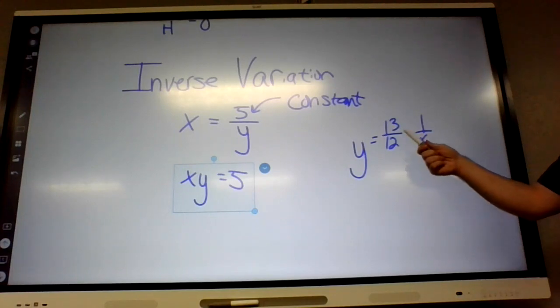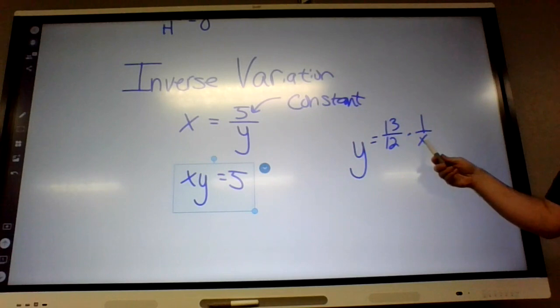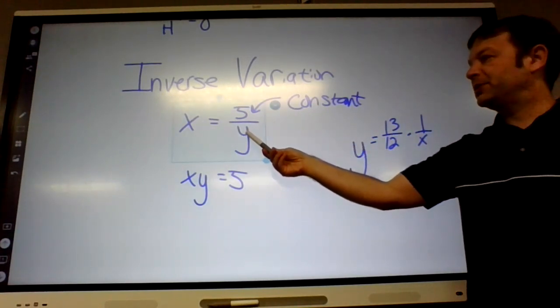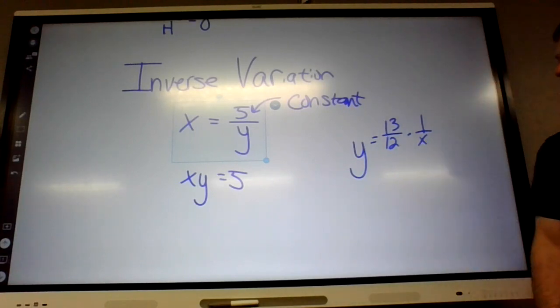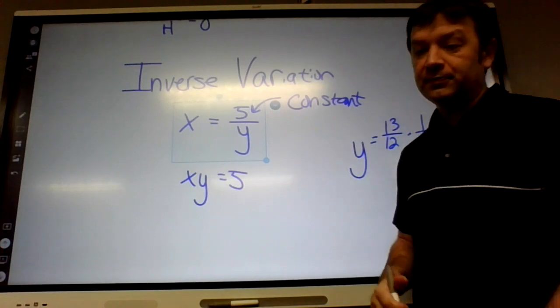So this is the constant, kind of like the 5, but the variable is on the bottom. Inverse. If the variable's on the bottom, that's an inverse relationship.